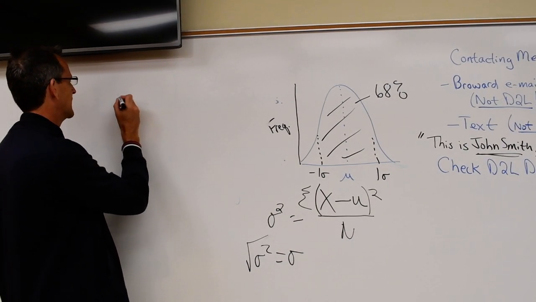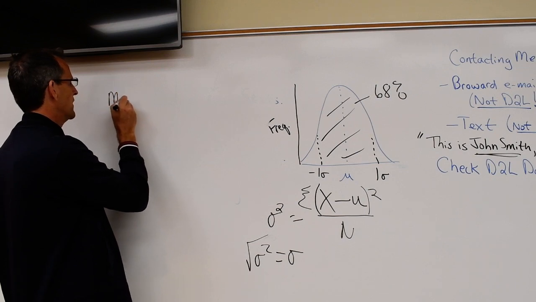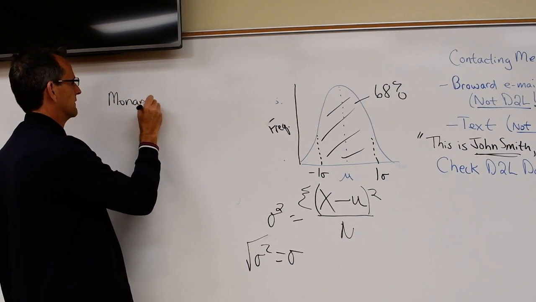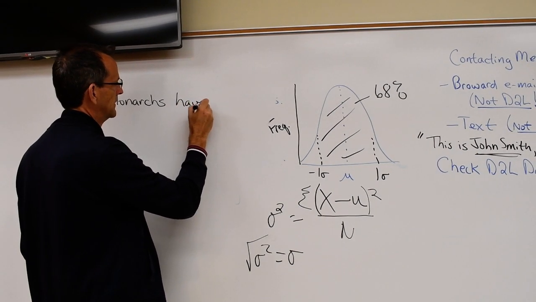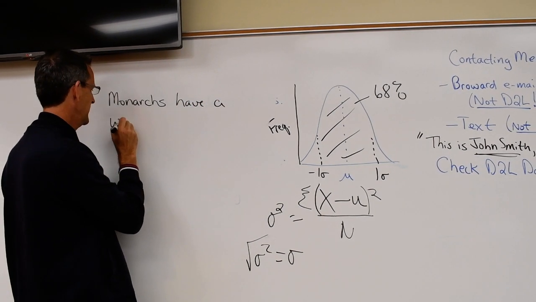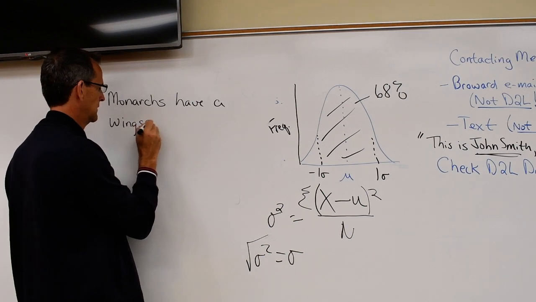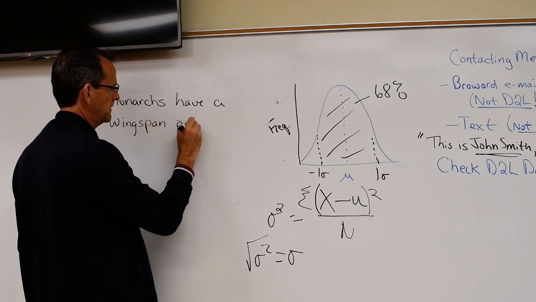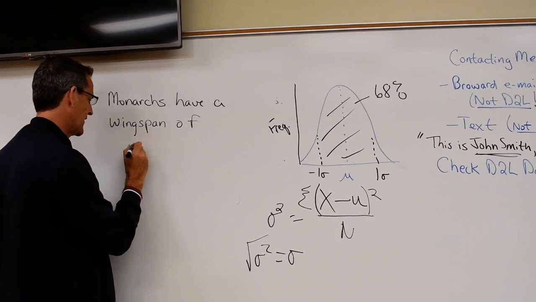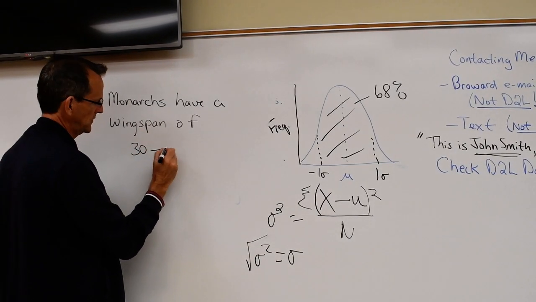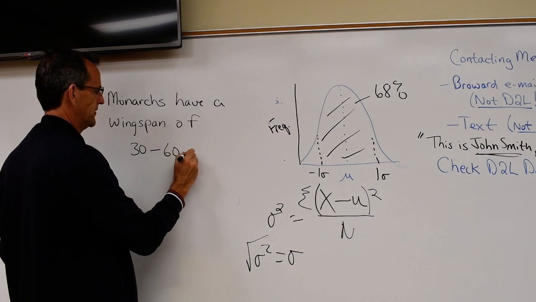So you might say something like, monarchs have a wingspan of, and I don't really know what their measurement would be, I'm going to say something like 30 to 60 millimeters.